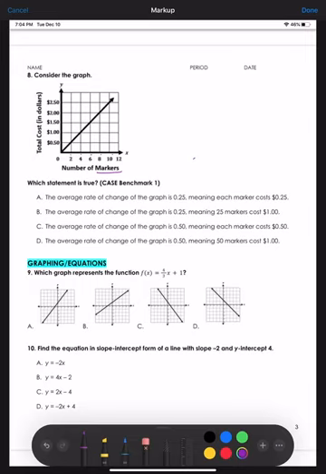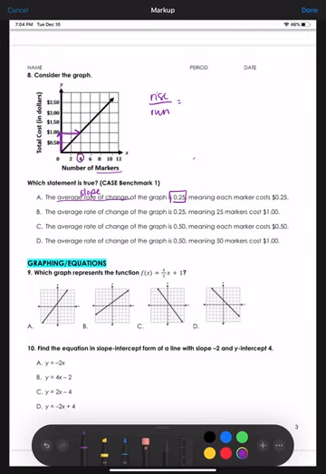So it says which statement is true? The average rate of change, which means the slope of the graph, is 0.25. So is the slope 0.25? Well, slope is rise over run. So let's see what my rise over run is here. If I go up $1, because that's 1, this is only half. If I go up a whole dollar, how much over am I going?